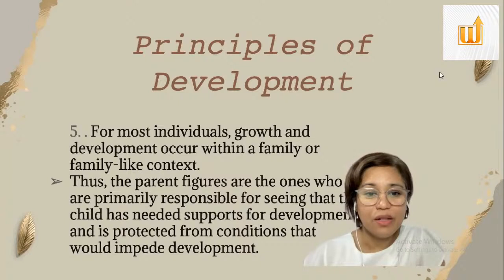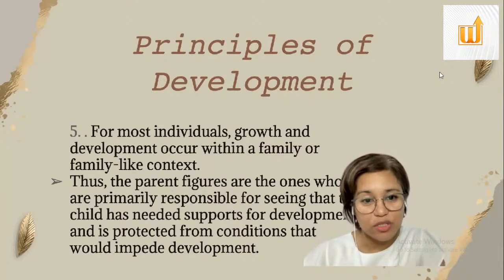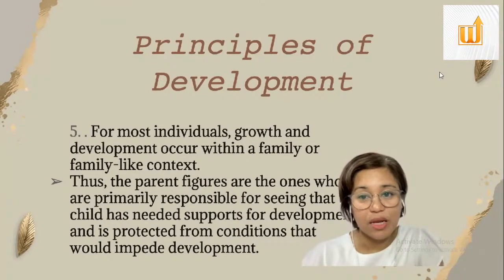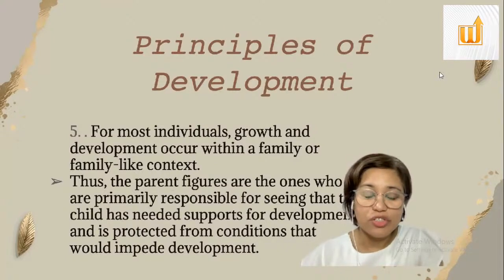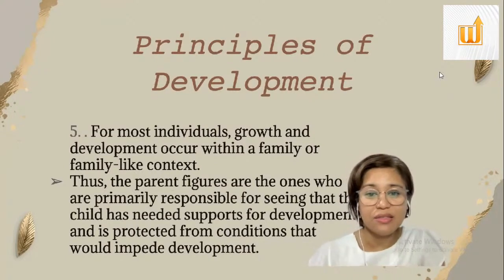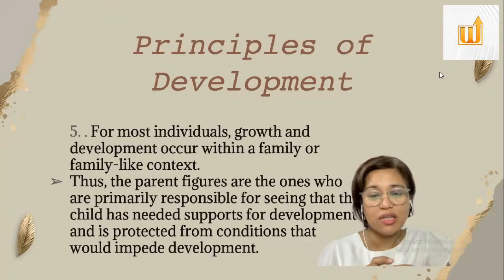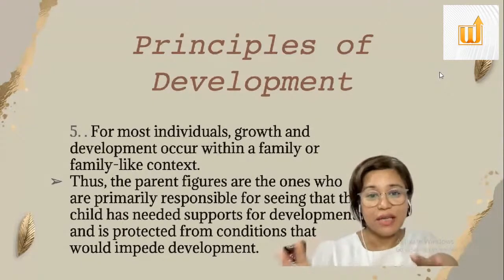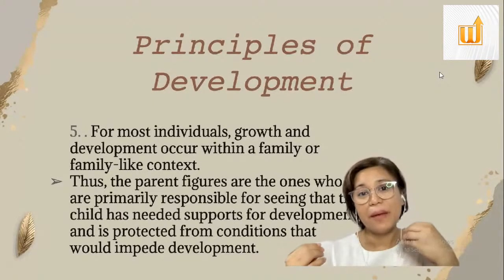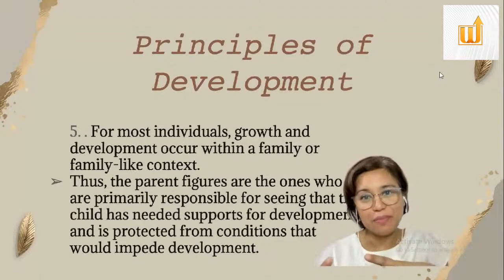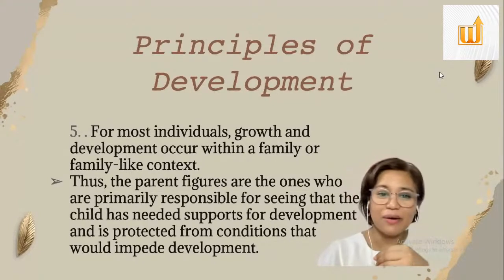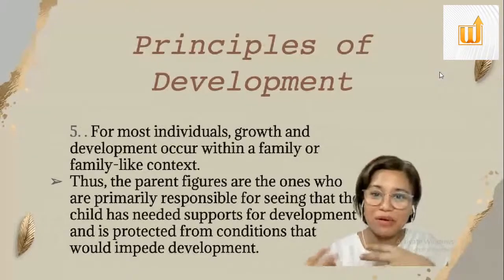Fifth principle is that for most individuals, growth and development occur within a family or family-like contexts. So children of the same parents, figures almost the same. And of course, parental figures, parents' involvement, are the primary concern of this principle.